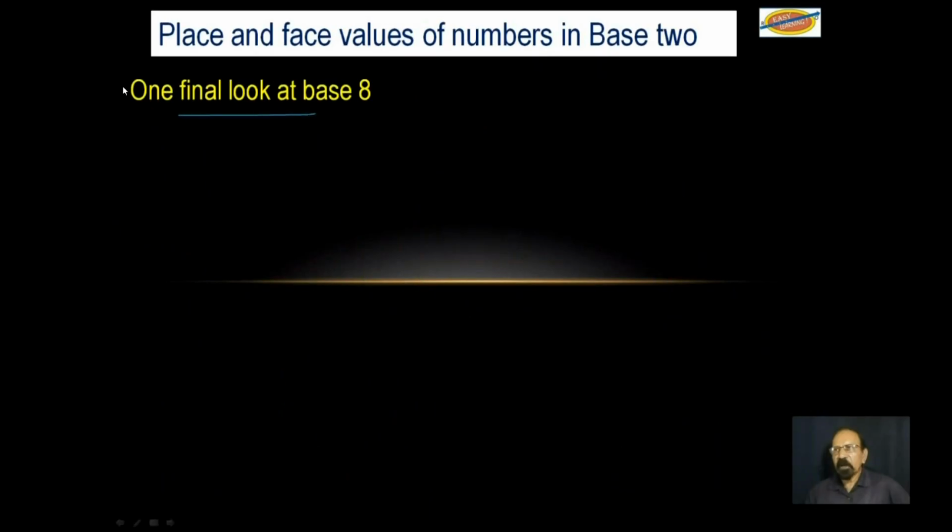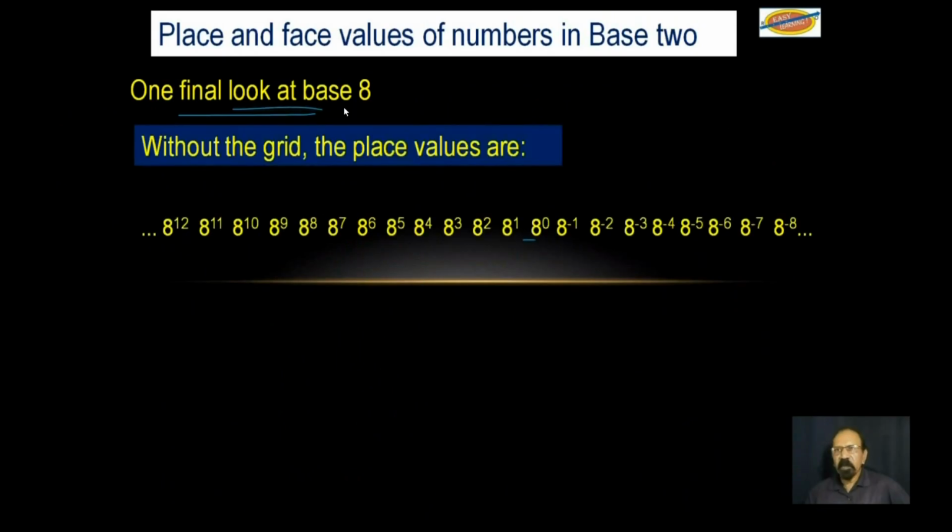So one final look at base 8. This is 8 to the 0. This is 8 to the 1st power, and so on. Over here, 8 to the negative 1, and so on. So the actual numbers that we are familiar with in base 10 are 1, 8, 64, 512, that's 8 multiplied by 8 multiplied by 8, and we could go on like that.